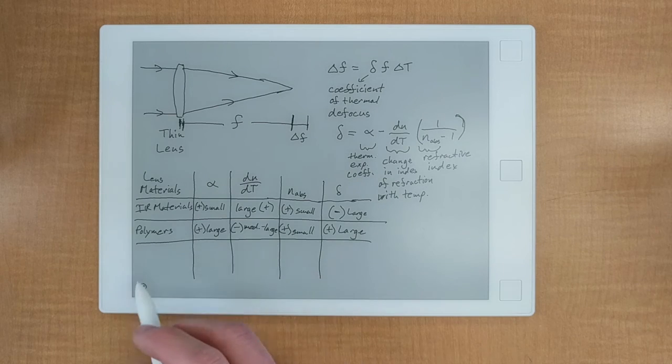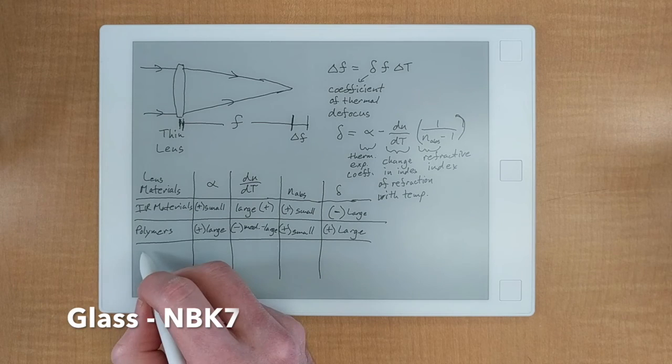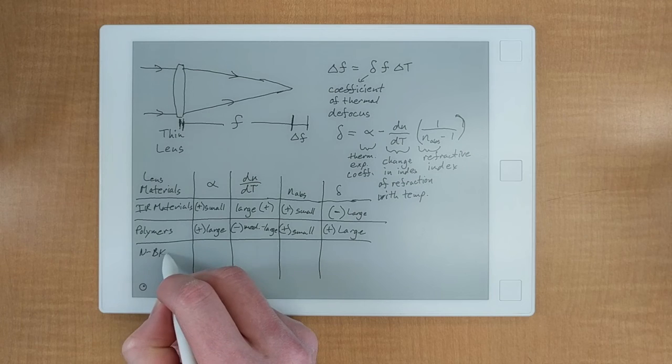And then for different glasses, actually using this term, you can take a look. This is for different materials. N-BK7, for example, is a very, very common material.